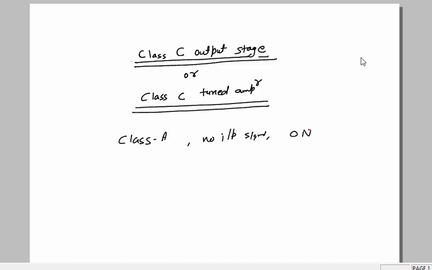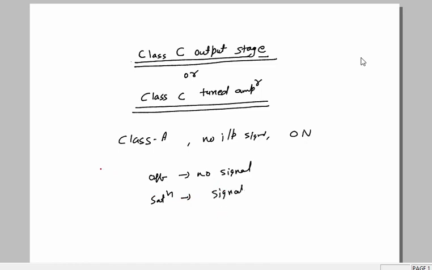Okay, so in order to improve efficiency, the class C power amplifier is used. In this case, the transistor is biased such that it remains off for no signal, and it operates in saturation when the input signal is present.